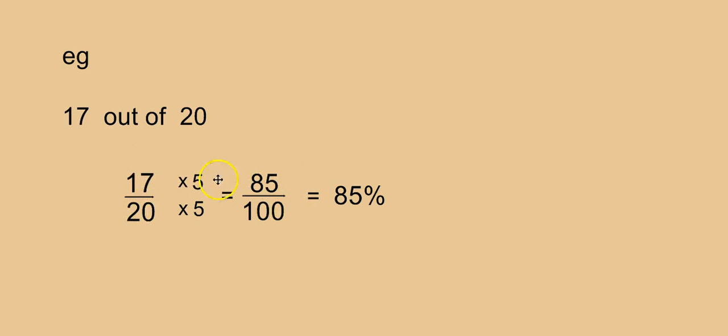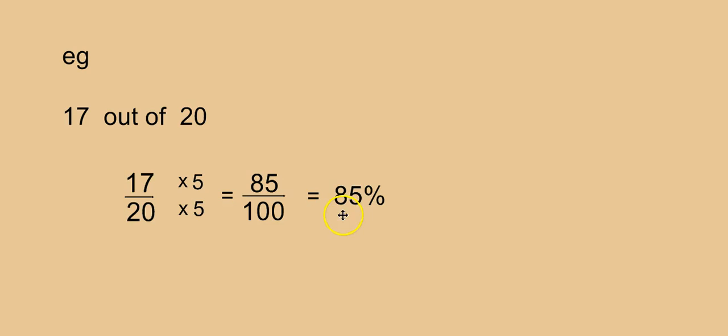So 17 out of 20 is equivalent to 85 out of 100, and 85 out of 100 is that special fraction that can be written as a percent, 85%. So this is one way where you can change something, a fraction, into a percent.